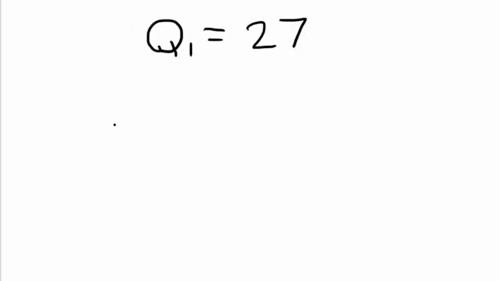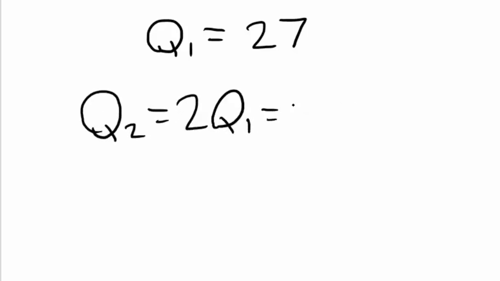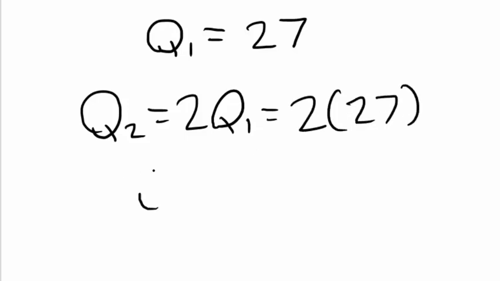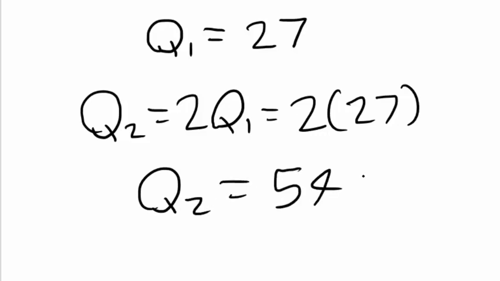And now we want to find quantity 2. And we know quantity 2 equals 2Q1. And so 2 times 27. And if we multiply that out, we get a quantity 2 of 54. And so, since we have found our quantities, we can now find our prices.